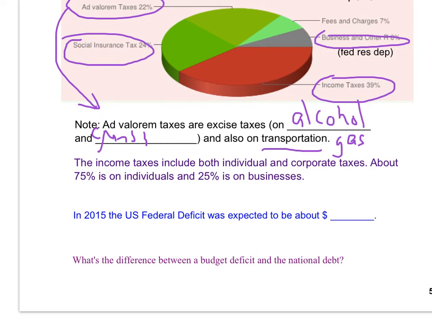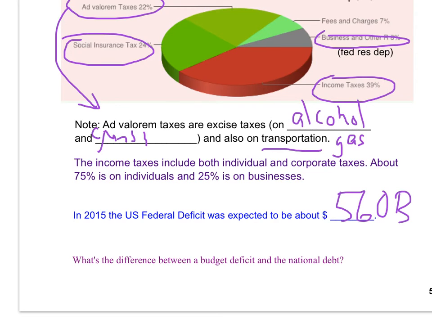So that was expected to be, if I did that math correctly, 560 billion. But it was actually lower than that because the economy got stronger, the government collected more revenue, and also fewer people were collecting unemployment benefits, so some of those transfer payments were reduced as well.